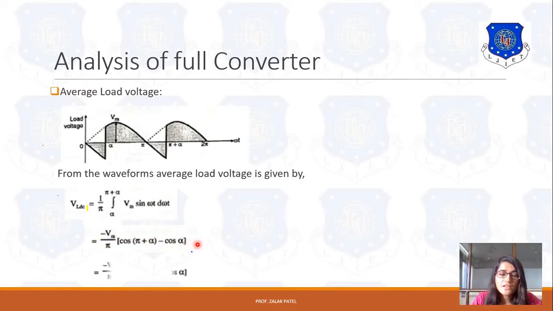If we simplify this, cos pi into cos alpha minus cos alpha, it becomes minus Vm upon pi into minus 2 cos alpha. Minus minus is plus, so the equation becomes 2 Vm upon pi into cos alpha. This is the average load voltage of the full wave converter.